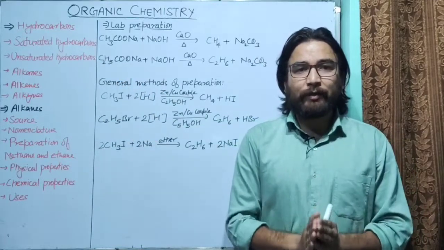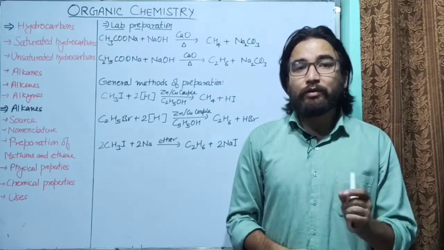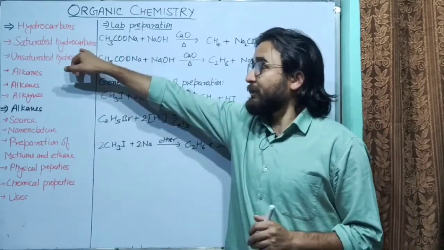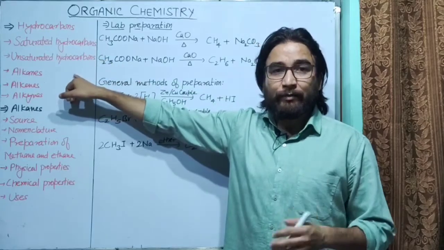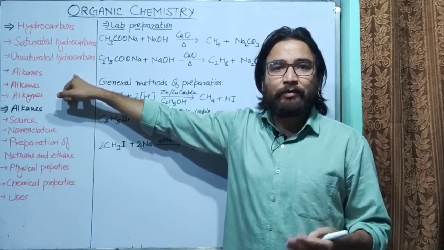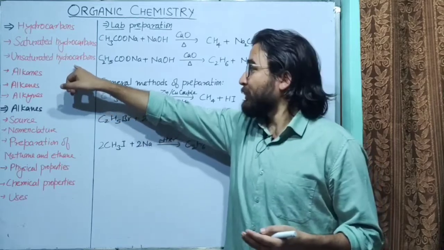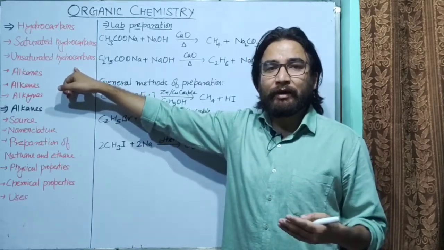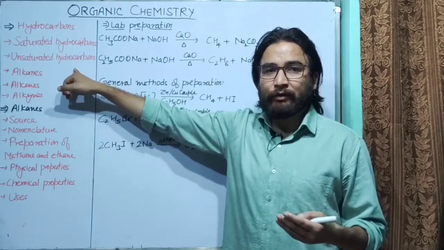The hydrocarbons in which there are only single bonds between carbon atoms are known as saturated hydrocarbons, but if there are multiple bonds, that is double bonds or triple bonds between carbon atoms, then those hydrocarbons are known as unsaturated hydrocarbons.